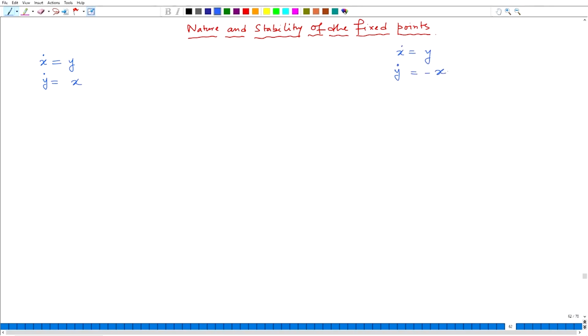So, if you think that x and y are the phase space coordinates, since this is a 2D phase space, just bringing a correspondence to classical mechanics, we can say this is analogous to 1D motion of a particle.